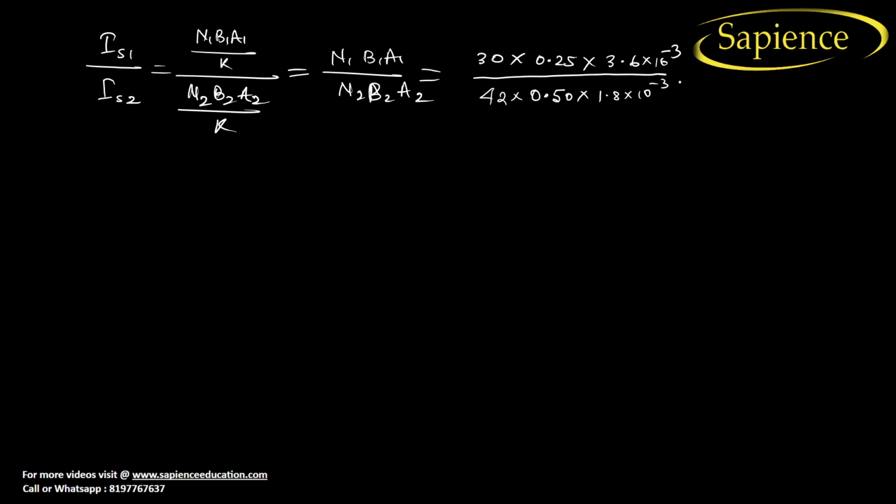So this gets cancelled out, and this is finally 30 by 42, which is 5 by 7. So this ratio itself is coming as 5 by 7, right?